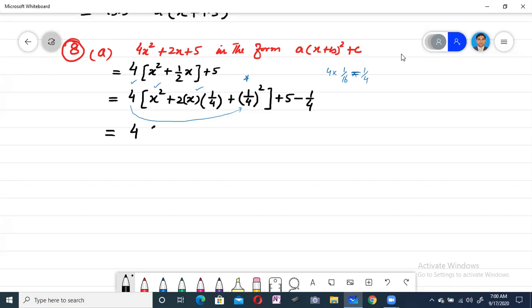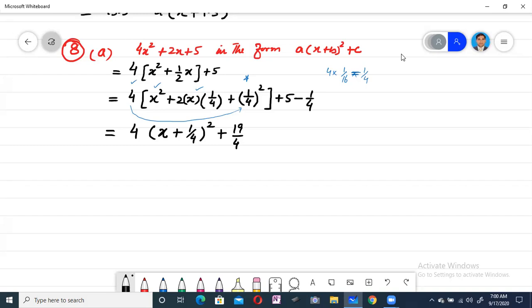Then 4 into inside the bracket is perfect square, x plus 1 divided by 4 whole square. After that plus 5 minus 1 by 4. 5 times 4 is 20, 20 minus 1 is 19 divided by 4.